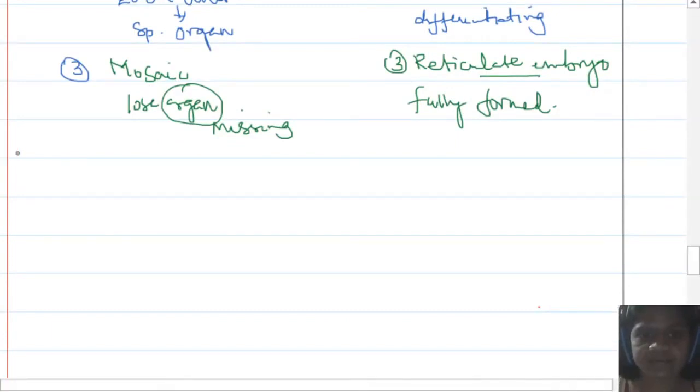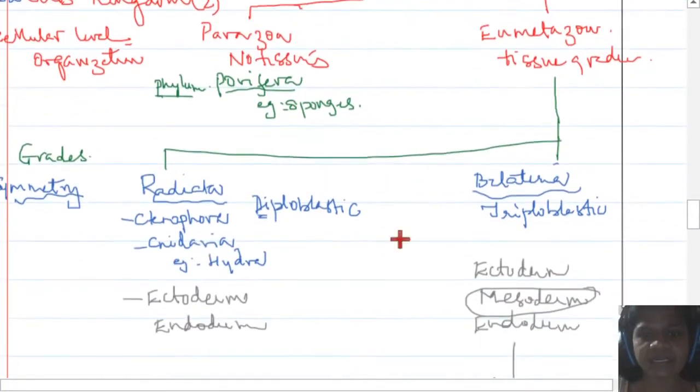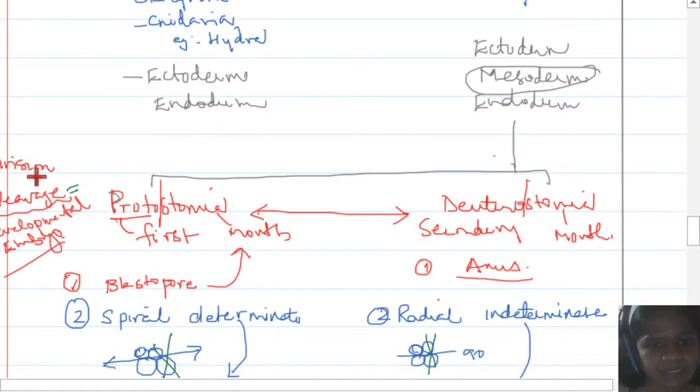Now here we have subdivisions. What are all the different taxa that we are looking at? Remember, we started off with kingdom Animalia, subkingdom Parazoa and Eumetazoa. Then come grades, which are Radiata and Bilateria. Then come divisions, Protostomia and Deuterostomia.